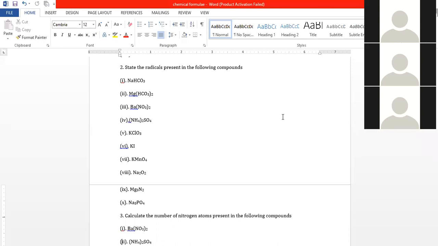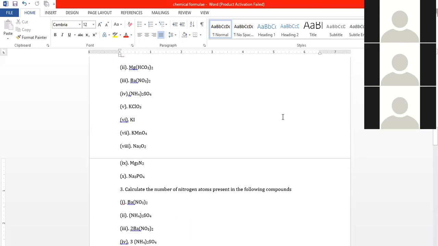Any questions on number 2? Because I'm moving to number 3 now. Can someone give me the radical for number 8, Roman 8? Which radical is that? Jovia?